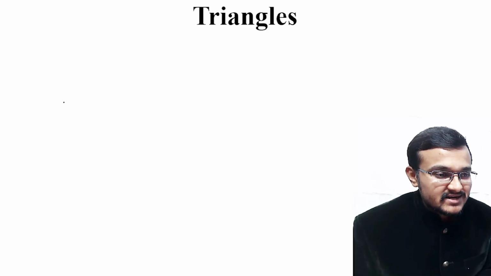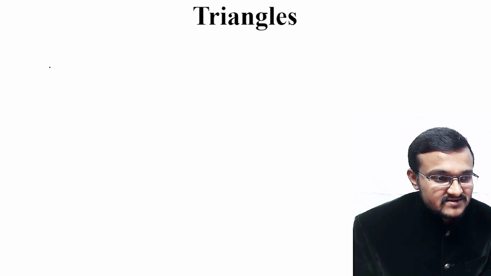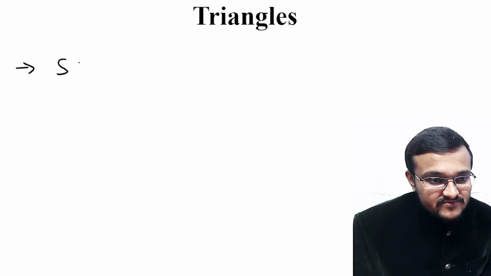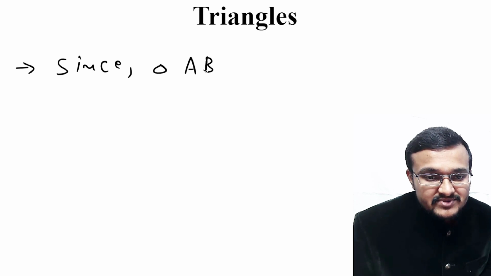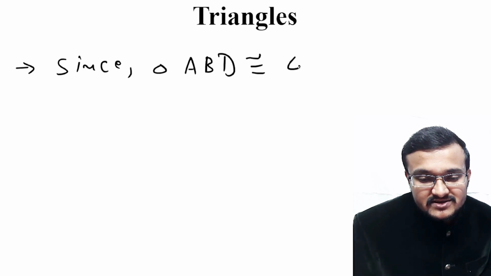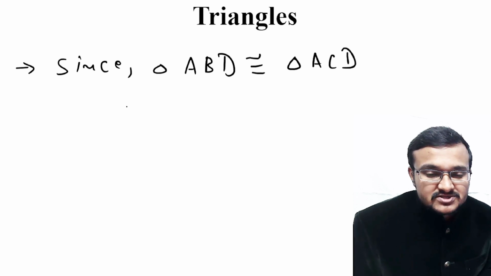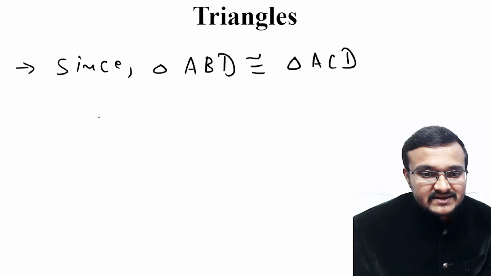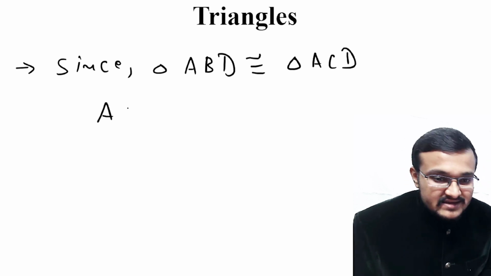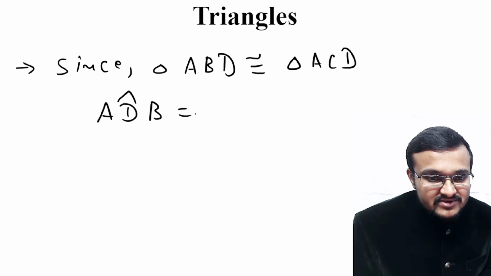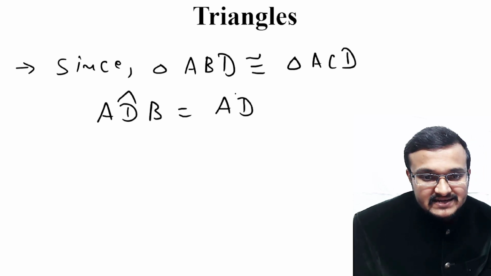In order to do that, we can consider triangle ABD and ACD. Since triangle ABD is congruent with triangle ACD, angle ADB will be equal to angle ADC.